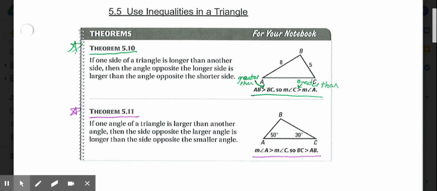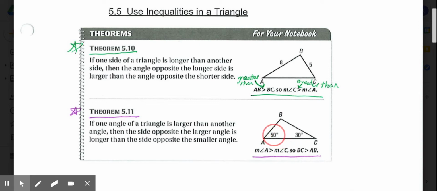Then theorem 5.11 says if one angle of a triangle is larger than another angle, then the side opposite the larger angle is the longer side compared to that side opposite the smaller angle. So if we look at our triangle down here, angle A is 50, angle C is 30.